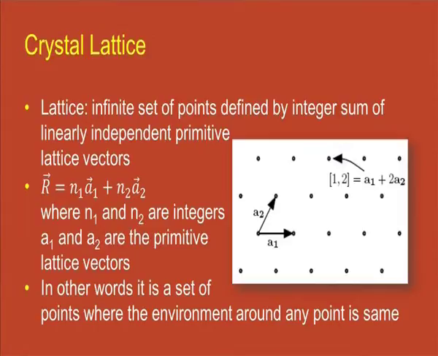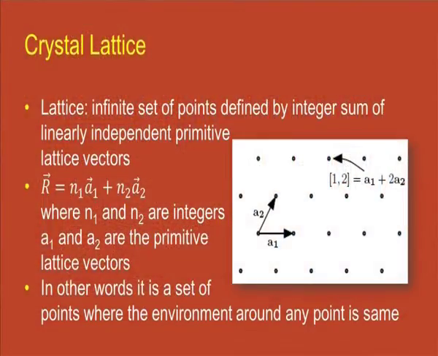Now if I want to represent a particular point vectorially, then I can represent that point by a vector r, which is equal to n1 a1 plus n2 a2, where n1 and n2 are integers and a1 and a2 are primitive lattice vectors. There is an alternate definition of lattice, which says it is a set of points where the environment around any point is the same.